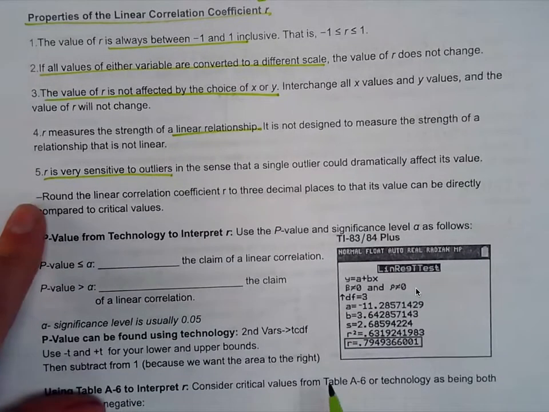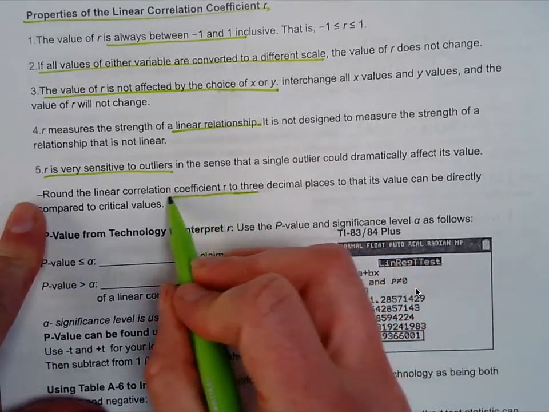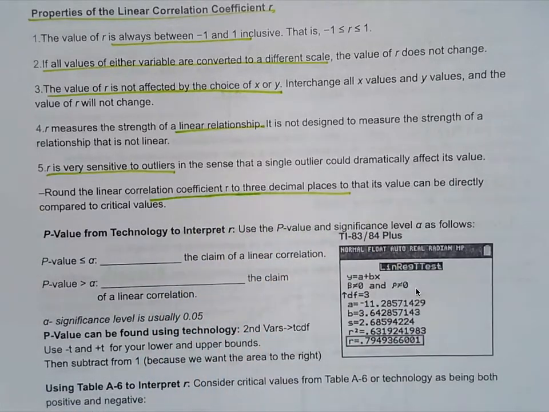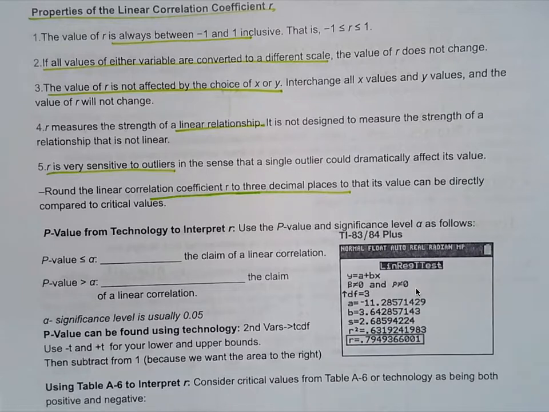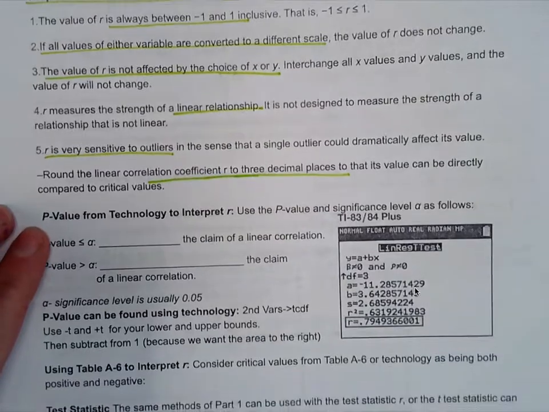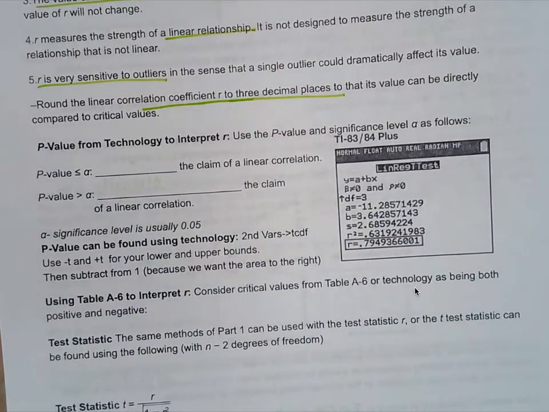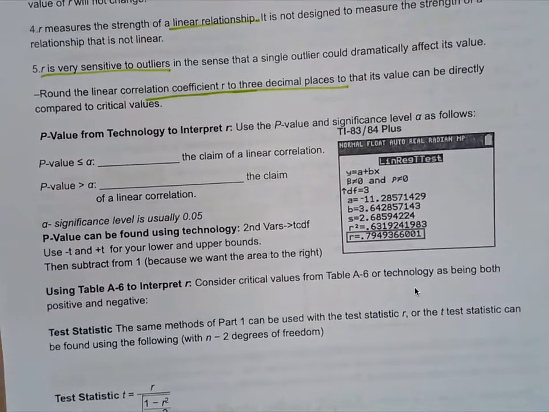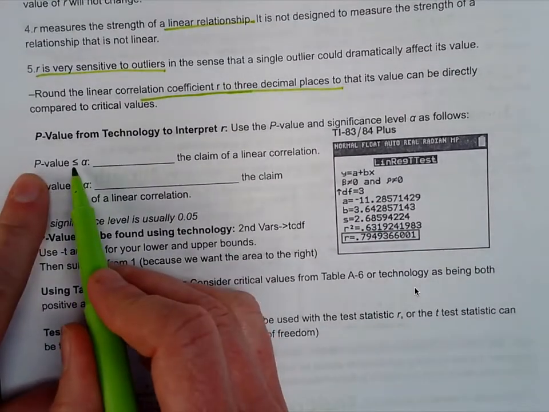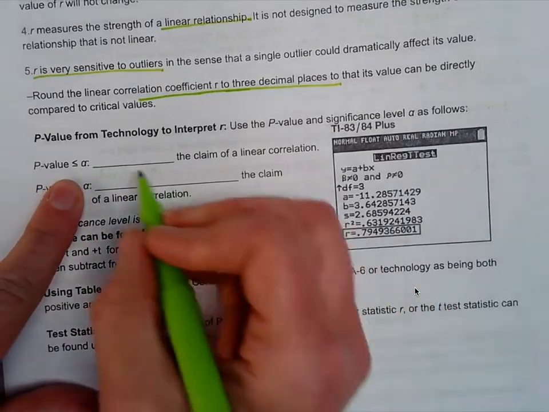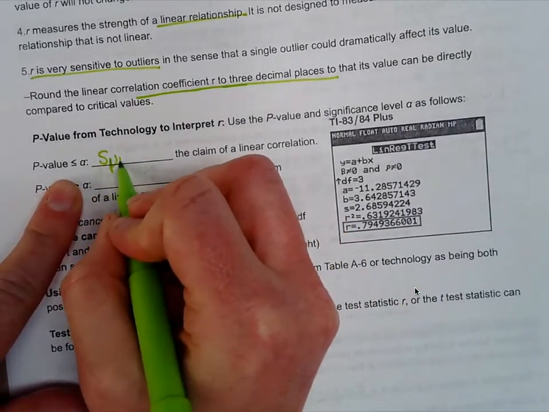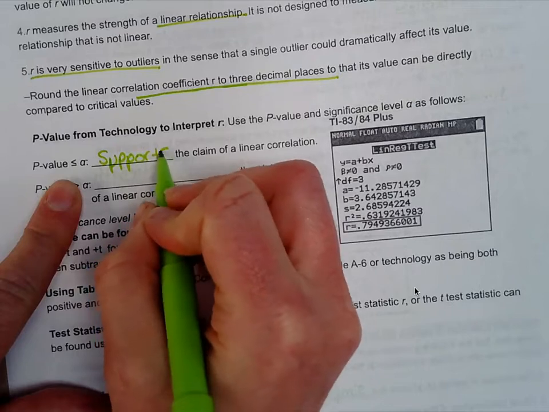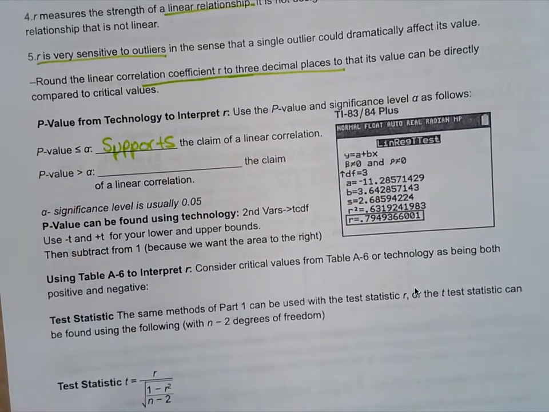We are going to round R to 3 decimal places, so we can compare to the critical values. Use the p-value from technology to interpret R. Use the p-value and significance level as follows. If the p-value is less than alpha, it supports the claim of linear correlation.